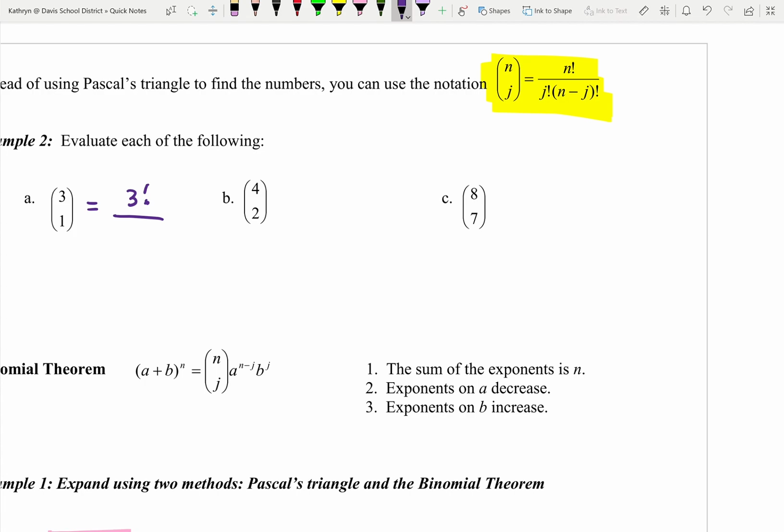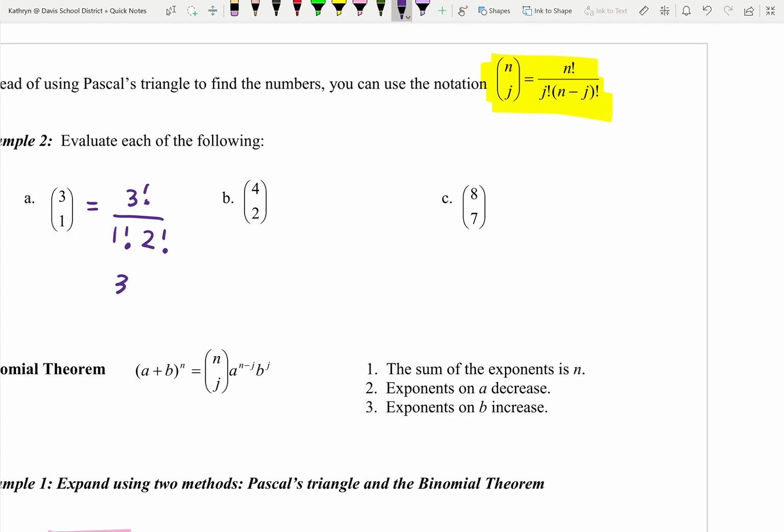Then you want to keep that formula sheet out because we're going to have to add more to it, okay? And do you see how the bottom's a j? So whatever's on the bottom right here is 1 factorial, and then also n minus j factorial. On this, it'd be 3 minus 1, which is 2 factorial.